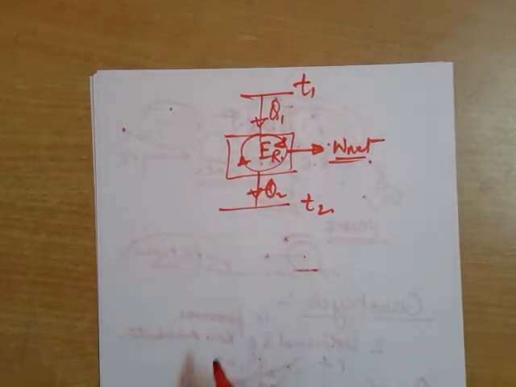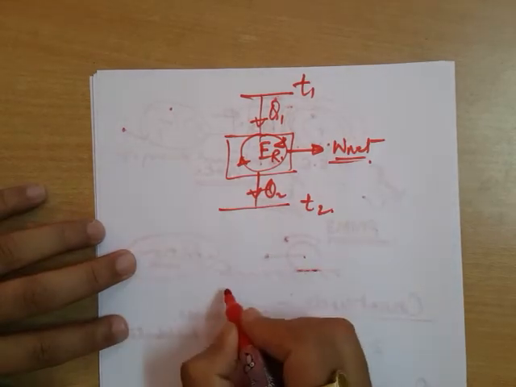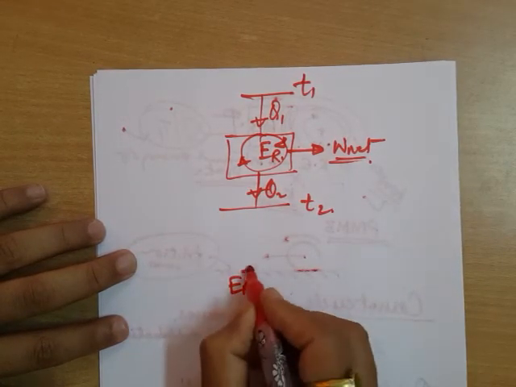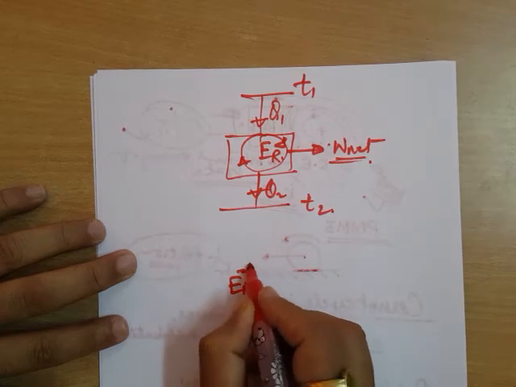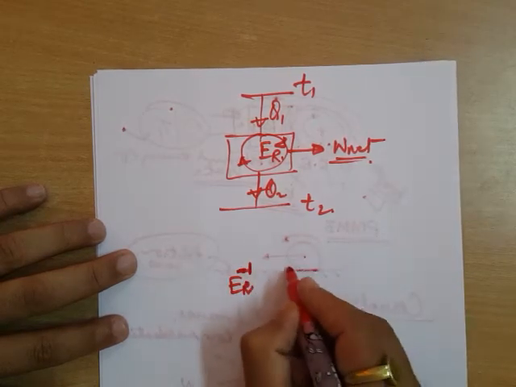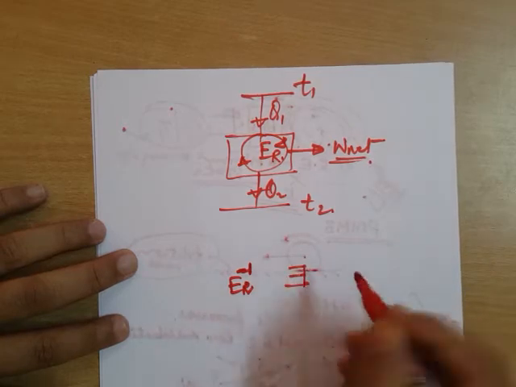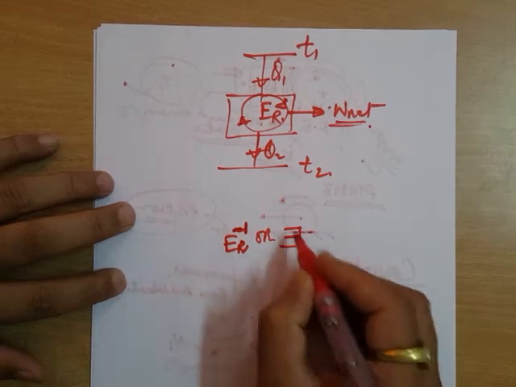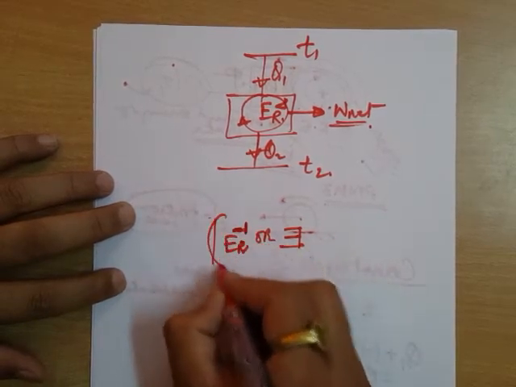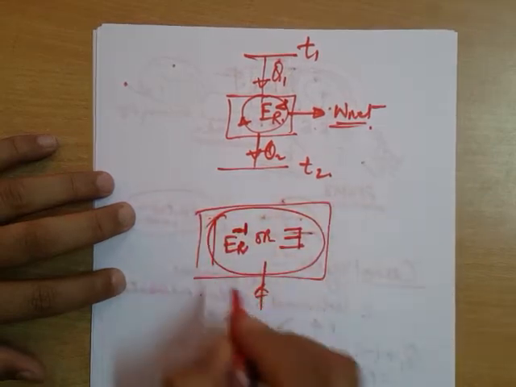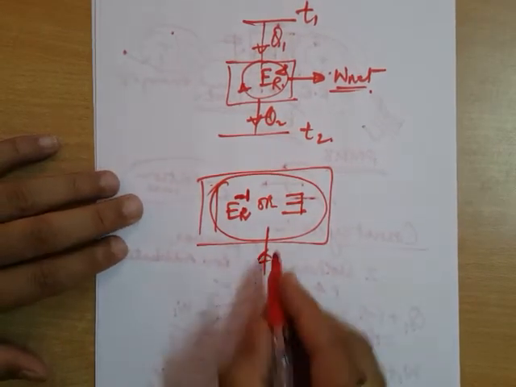Now, if you want to reverse this, as this is a reversible cycle, it can be reverted very well. This negative inverse means I am reverting it, or some authors like to write it like this. They are the same. So this is my cycle. Now I am reverting it, making this in reverse direction.